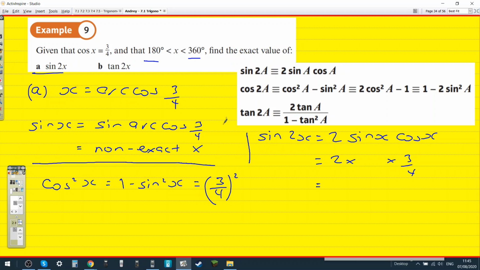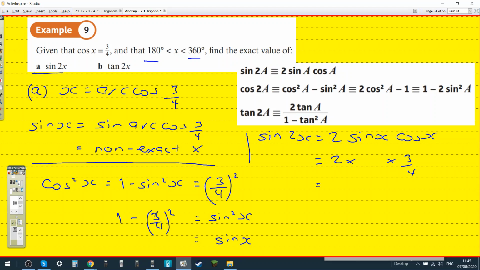Okay, make sine x the subject. So I have to do 1 minus 3/4 squared, and then that equals sine squared x. So sine x is equal to the square root of 1 minus 3/4 squared?